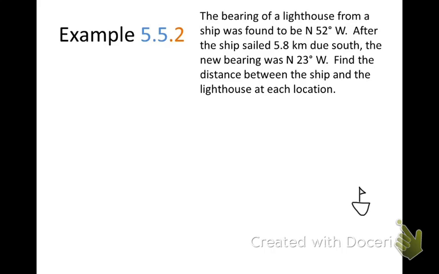So what that means is that if I drew the north line off of the ship, and I measure out 52 degrees in the westward direction, I would find the lighthouse up here somewhere.